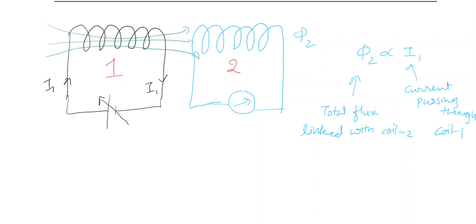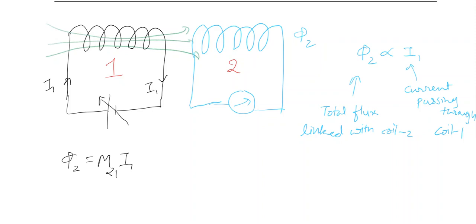So we have the total flux of the second coil, which is directly proportional to the current passing through the first one, and then if you remove the proportionality you have a constant of proportionality M. This is called mutual inductance. As you are talking about the mutual inductance of the second coil due to the first one, it is denoted by M21.